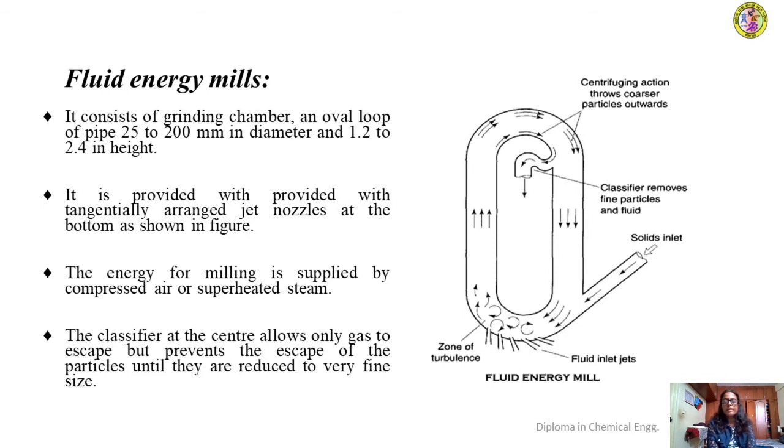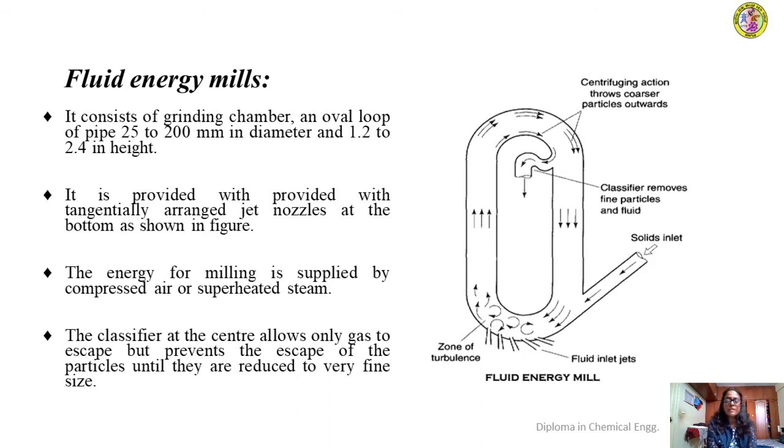Then it is provided with tangentially arranged jet nozzles at the bottom of the mill for introducing the high pressure steam or air or any other inert gas to create a high speed inside the equipment. The energy for size reduction is supplied by this source of compressed air or superheated steam.